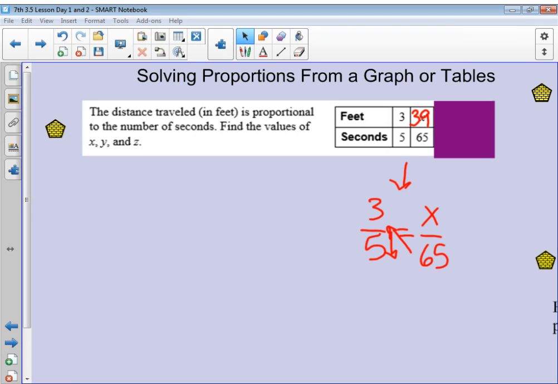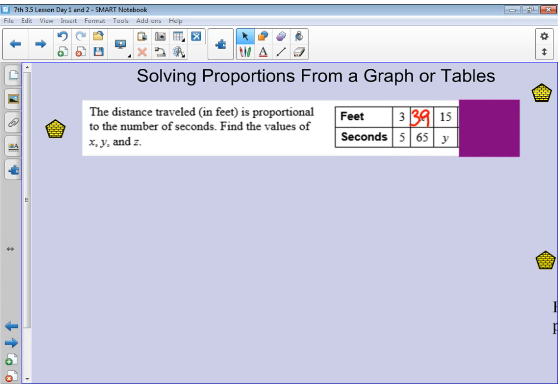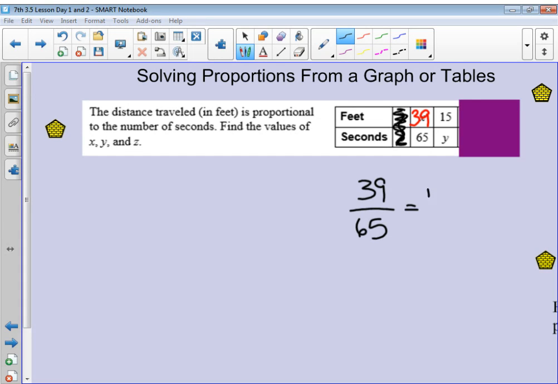Now I'm going to continue working in that manner to find out Y and Z. I'm just going to go ahead and move off to the side. And now instead of focusing on the first 2 boxes, I'm going to look at those 2 boxes. So now I've got 39 over 65 is equal to 15 over Y. So cross multiply, divide.